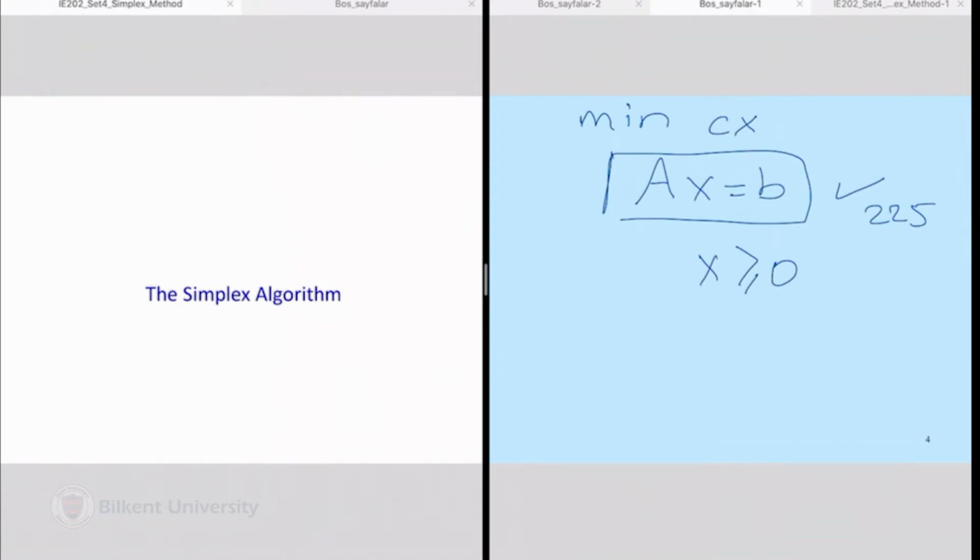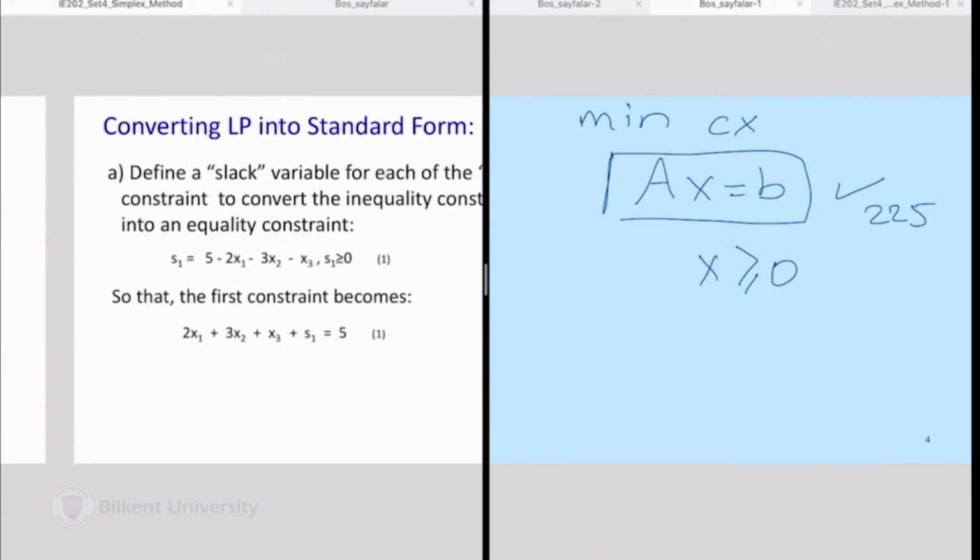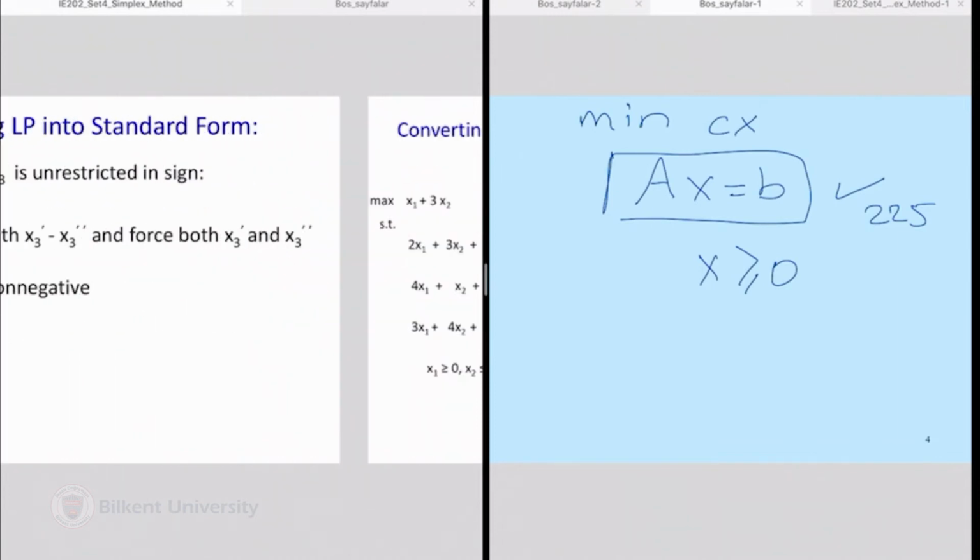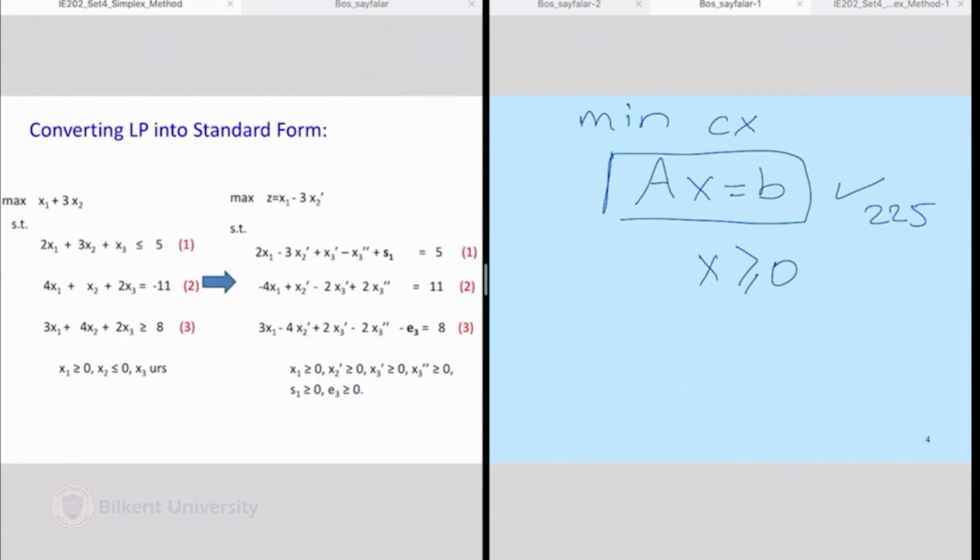Okay, so getting to standard form was very easy, and we have an example here. Let me go through that. In this example, on the left-hand side, we have an arbitrary LP. It has less than or equal to constraints, equality constraints, greater than or equal to constraints. It has some variables that fail non-negativity because they are non-positive or unrestricted.